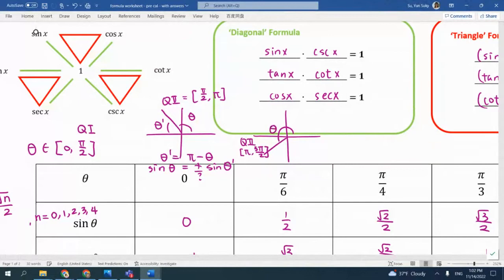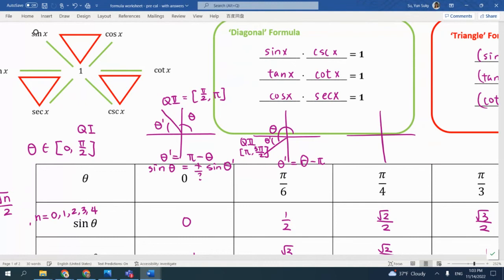And this is theta, then our theta prime is theta minus pi. And then your trig functions are either plus or minus, because it's quadrant 3, based on the trig functions, right?